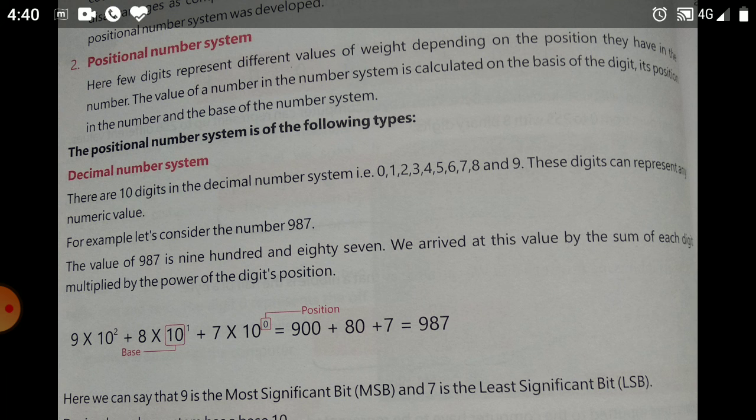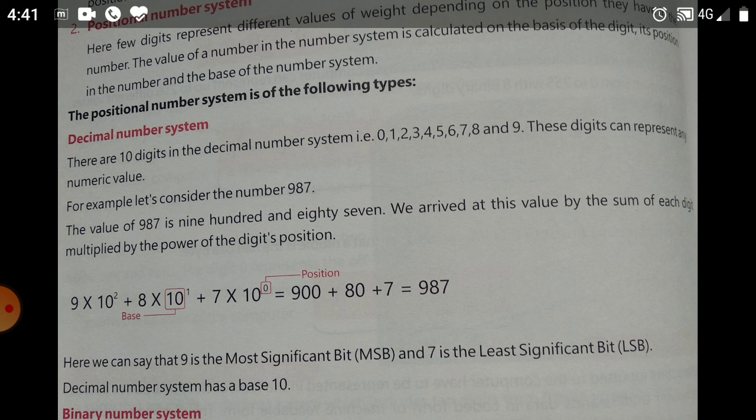So three things are considered while calculating the value of a number: the position, the digit and the base value of the number system. In the positional number system we are going to study the decimal number system, binary number system, octal number system and hexadecimal number system. First one is the decimal number system.